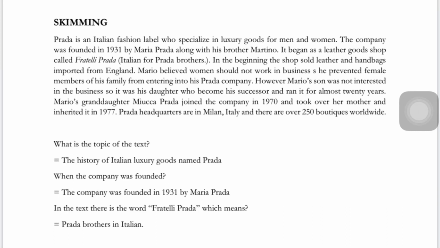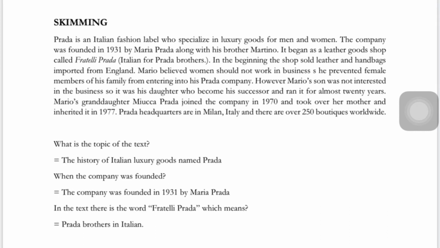Mario's granddaughter Miuccia Prada joined the company in 1970 and took over from her mother, inheriting it in 1977. Prada headquarters are in Milan, Italy, and there are over 250 boutiques worldwide. And I have also prepared three questions about the text. The first question is, what is the topic of the text?